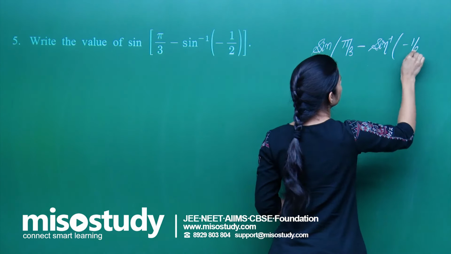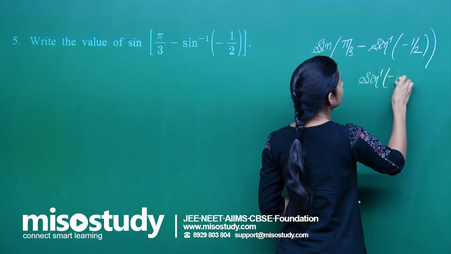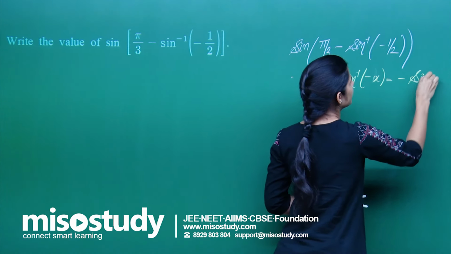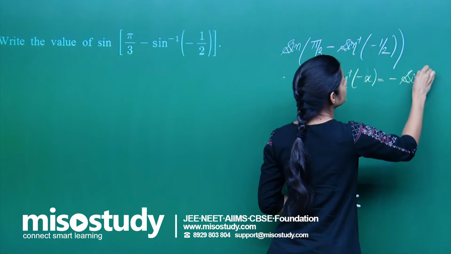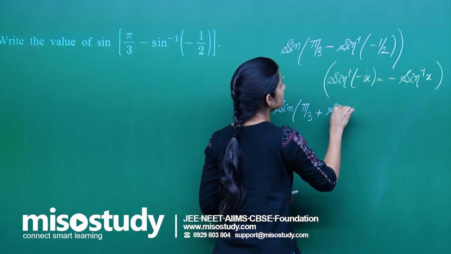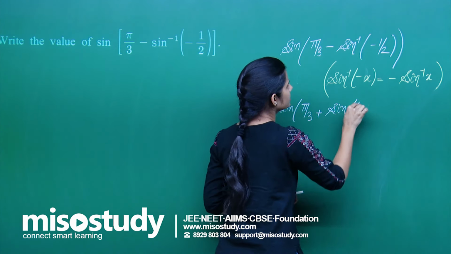If I talk about sine inverse, you should be aware that sine inverse actually pulls out the minus sign. Sine inverse of minus x is minus of sine inverse x. If it does that, then this expression turns out to be sine of pi by 3, now sine inverse of minus half is minus of sine inverse half, minus minus will be plus.